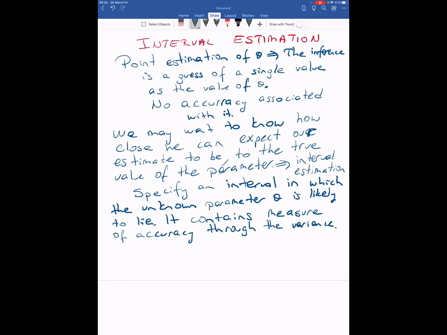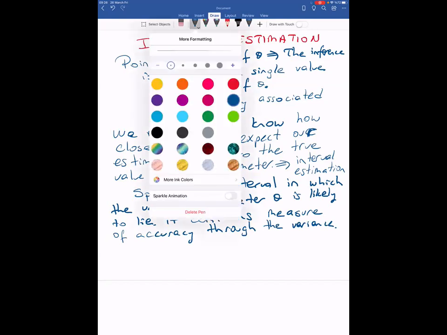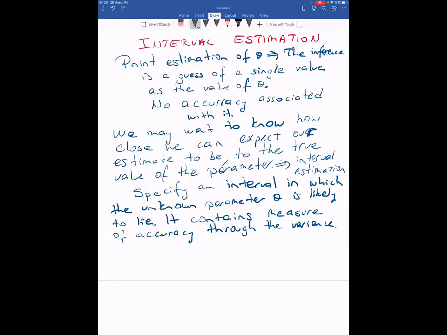Okay, so let's look at the definition. Let's say an interval with random endpoints is called a random interval.